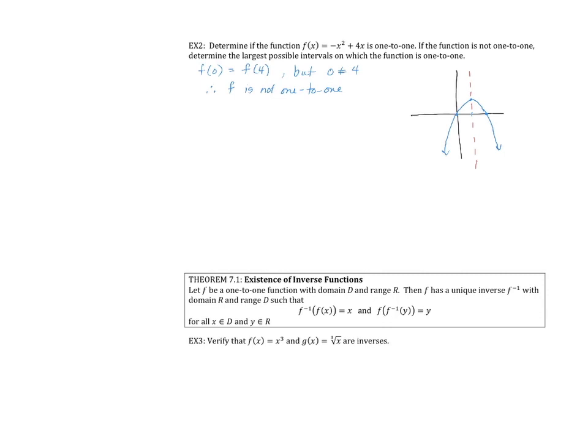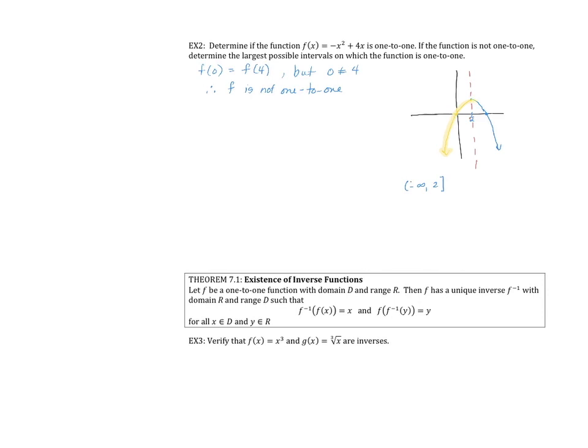So I believe this is 2. If I look to the left of 2, this interval, which goes from negative infinity to 2, gives me a 1-to-1 function.